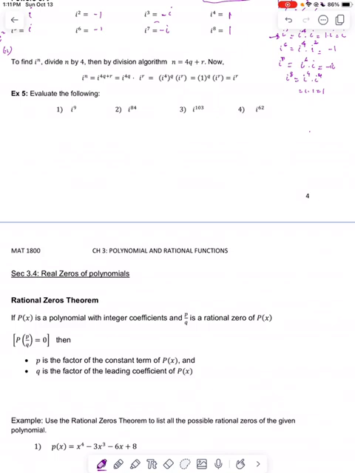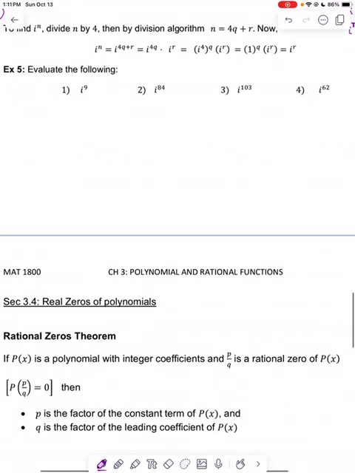So when we divide n by 4, we can write n as 4 times some quotient plus some remainder, because the divisor is 4 here. If we replace the n-th power of i by this expression 4q plus r, then we can do some algebra and rewrite this, and we see that we are getting just i to the r. So that's what we are going to do.